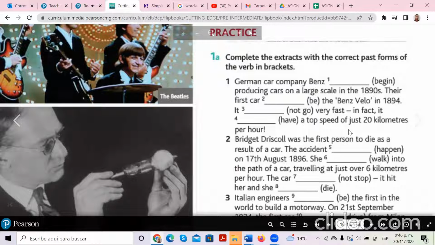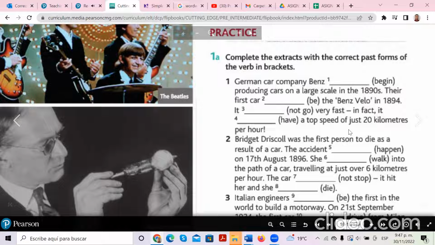1. German car company Benz began producing cars on a large scale in the 1890s. Their first car was the Benz Velo in 1894. It didn't go very fast. In fact, it had a top speed of just 20 kilometers per hour. 2. Bridget Driscoll was the first person to die as a result of a car. The accident happened on the 17th of August, 1896.